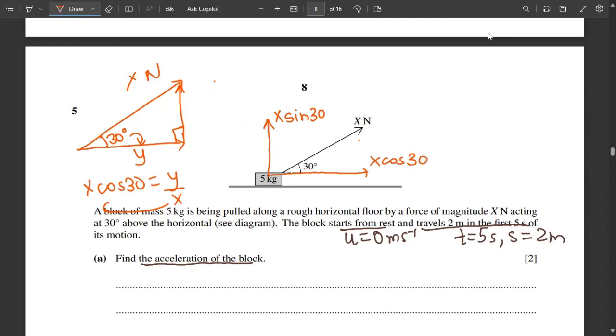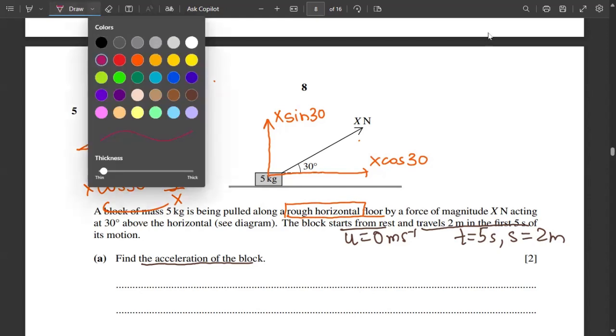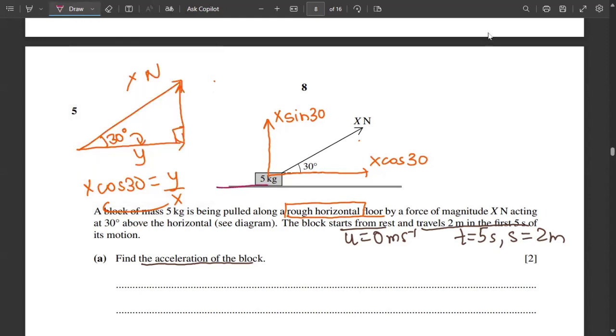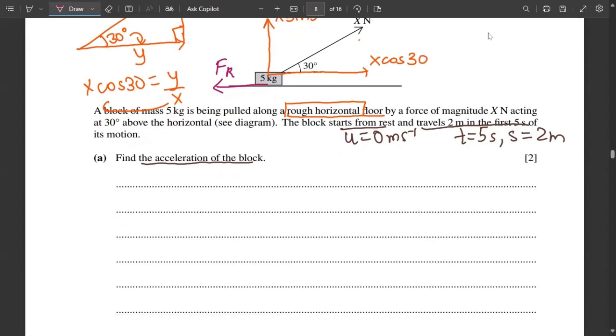Now, have they talked about some frictional force or something? Let's see. Yeah, rough horizontal floor. That means this question is about friction. So there will be some friction also. So let us label that as FR, frictional force. Now let's get ahead.